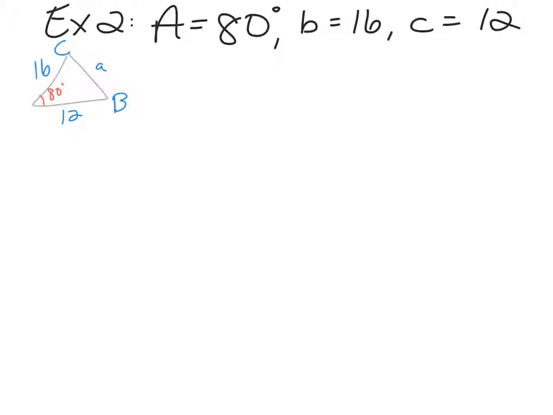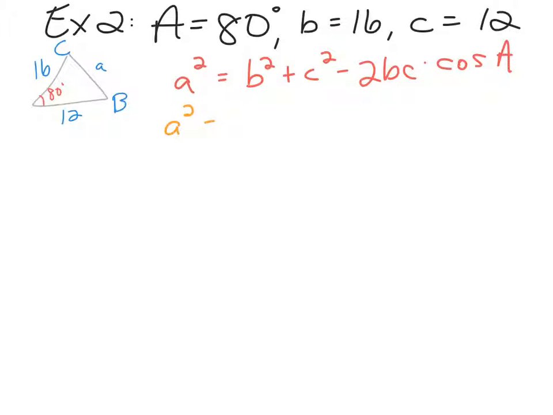So the version of the law of cosines we're going to work with is A squared is equal to B squared plus C squared minus 2BC times the cosine of A. And we have to use this version of it because it's the only one that's going to make use of the information that we had given to start with, and that was angle A being 80 degrees. So what that means is what we're going to be finding first is going to be side A. So this one actually works out to be pretty straightforward.